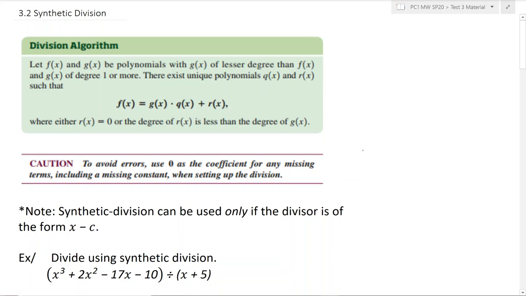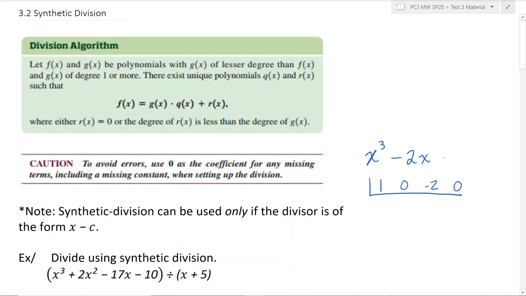In other words, if I were to divide something like x cubed minus 2x, then we would set up the synthetic division where we have a 1 for the coefficient of x cubed, a 0 for the coefficient of x squared, a negative 2, don't forget the sign that's sitting out front, it goes with that coefficient, the coefficient of x, and a 0 for our constant.